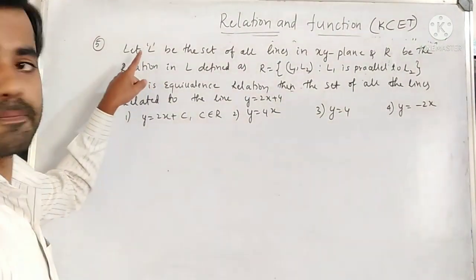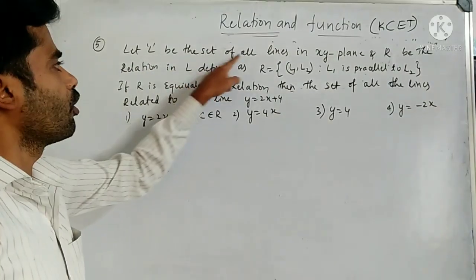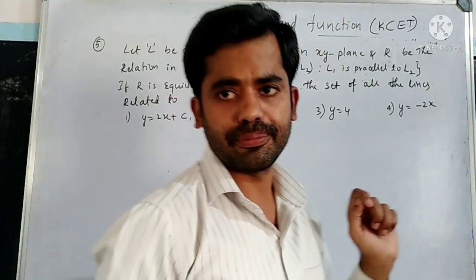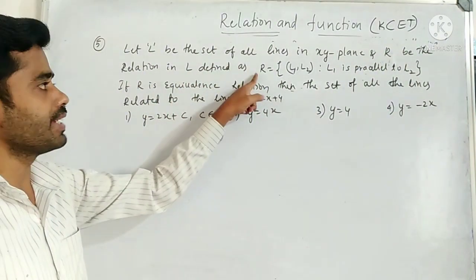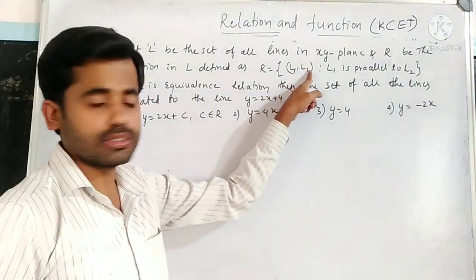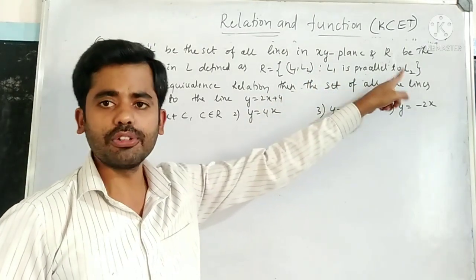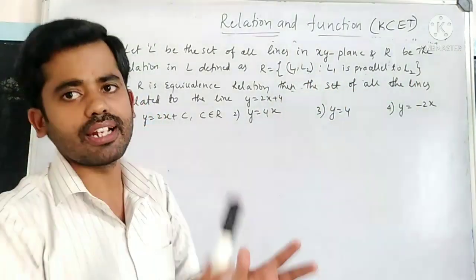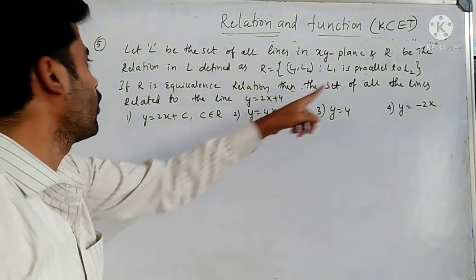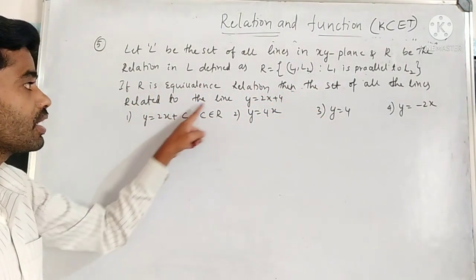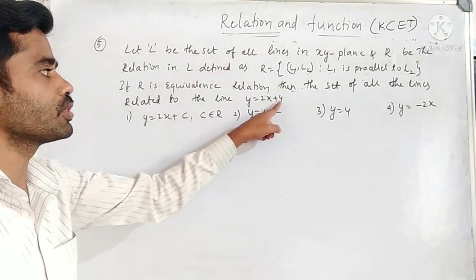Okay, next question. Let L be the set of all the lines in the xy plane. R be the relation in L defined as the set of (L1, L2) such that L1 is parallel to L2. If R is an equivalence relation, then the set of all the lines related to the line y is equal to 2x plus 4.